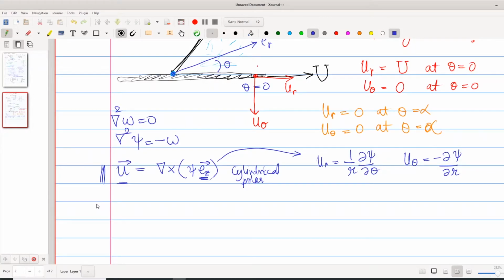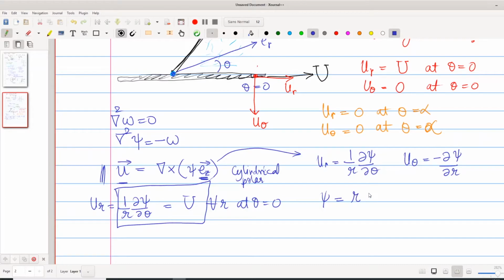So the boundary conditions are as follows. u r is equal to 1 by r del psi del theta, and that is equal to U for all r at theta equals 0. Now this particular boundary condition itself indicates that in order for this to be valid for all r, psi must necessarily be of the form r multiplied by some function of theta.